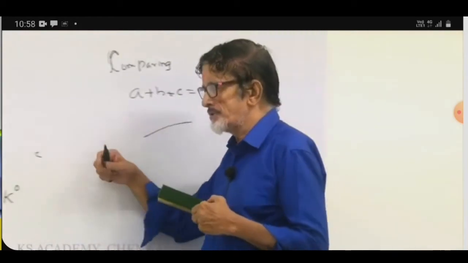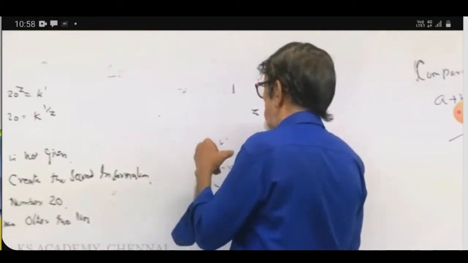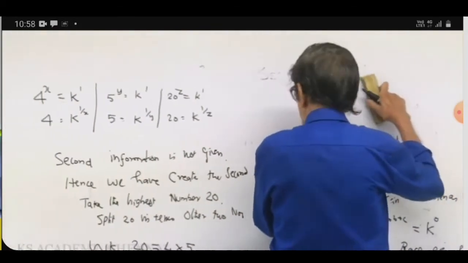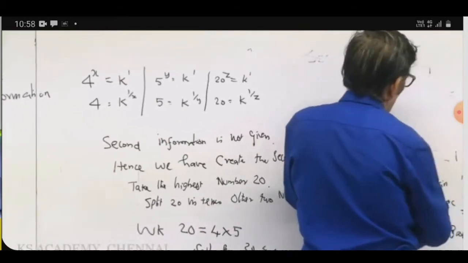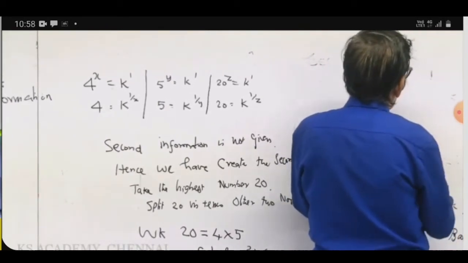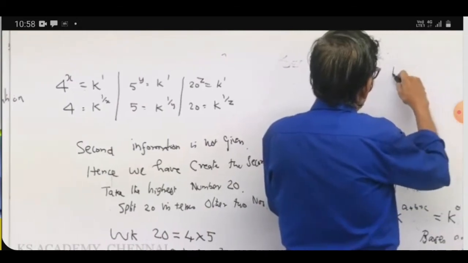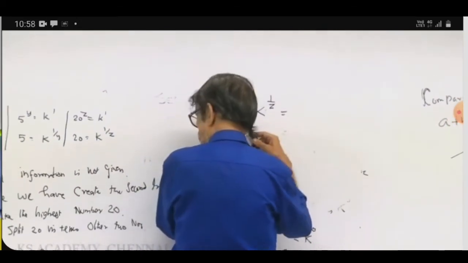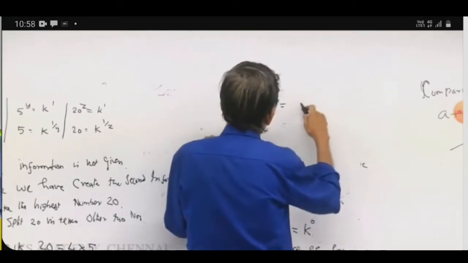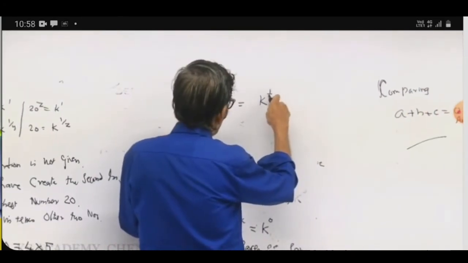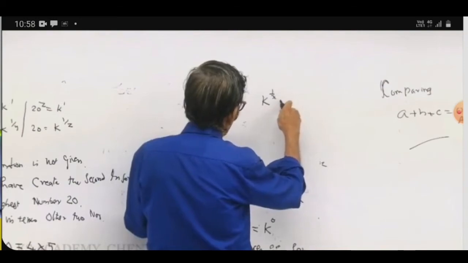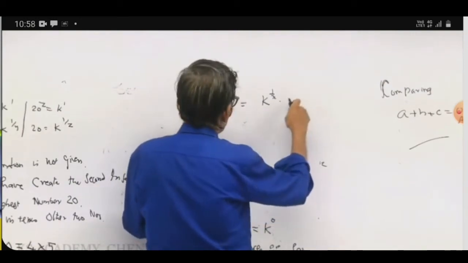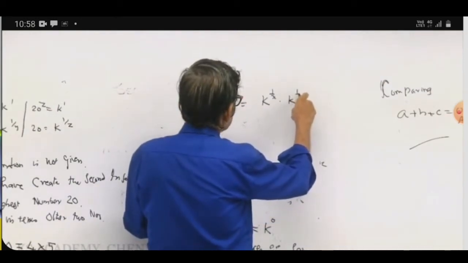Now you are going to substitute for 20, 4, 5. 20 to the power 1 by z is equal to 4 to the power 1 by x multiplied by 5 to the power 1 by y.